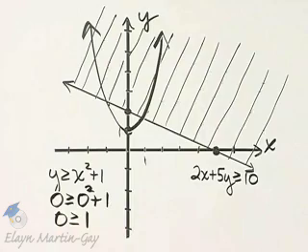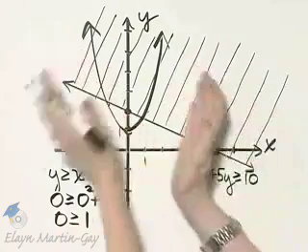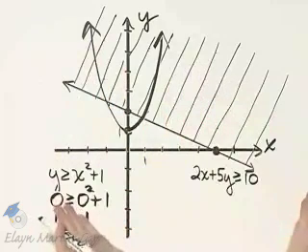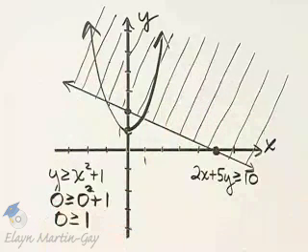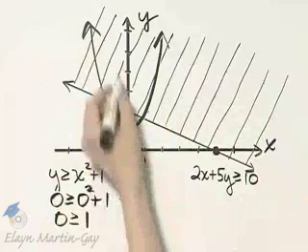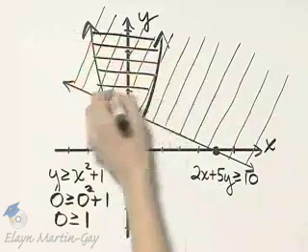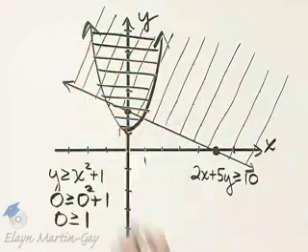That is a false statement, so I do not shade where (0, 0) lies. That is outside the parabola. I shade where it doesn't lie. I shade inside of the parabola. So inside of the parabola will be the graph of y greater than or equal to x squared plus 1.